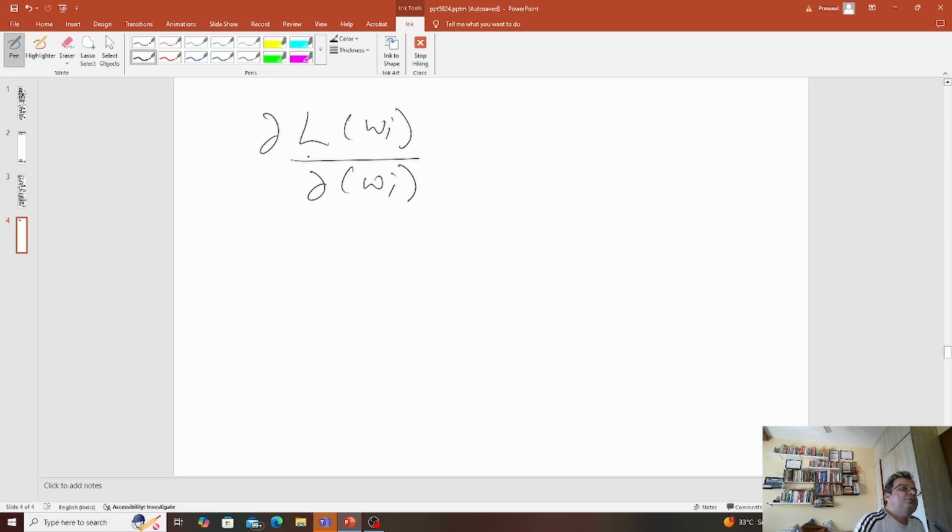Then I equate this to 0 so that I find the optimized value of wi, which is the wi star in our example that we were talking about.